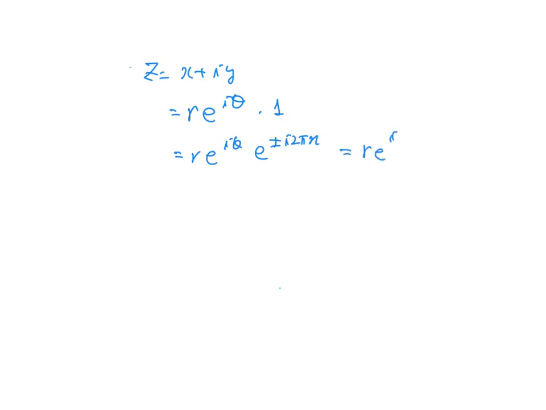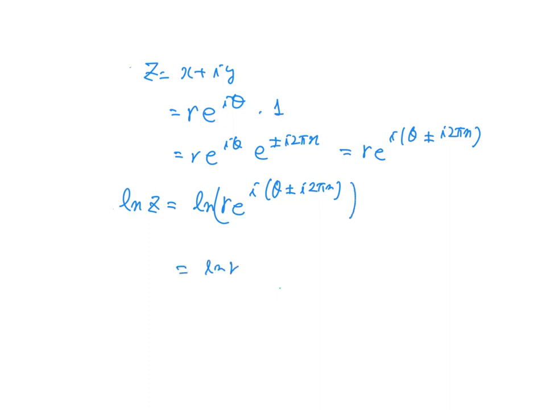So ln z is ln of r exponential i theta plus minus i 2 pi n. It's a very interesting expression. It's ln r plus i theta plus minus i 2 pi n, right?